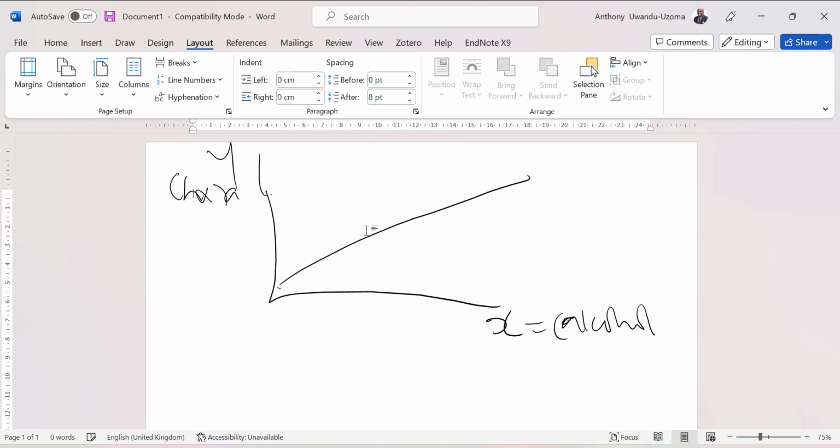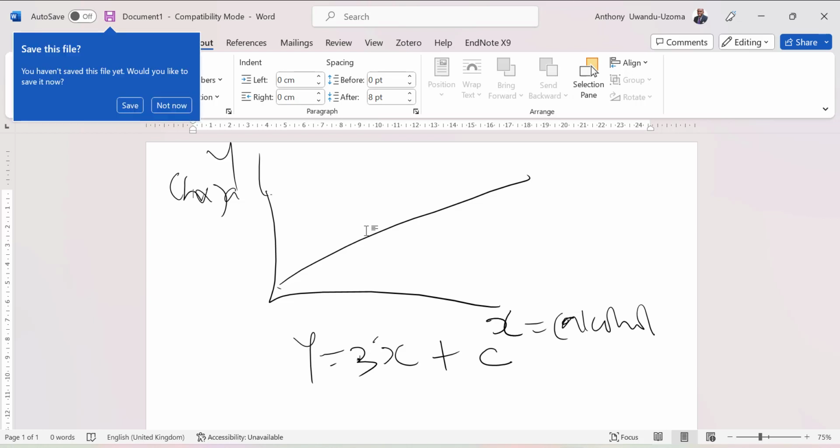Let's say this time the equation of the straight line is y = 3x + c, so our slope is now positive, 3. C is a constant, that's the intercept, and it can be any number.